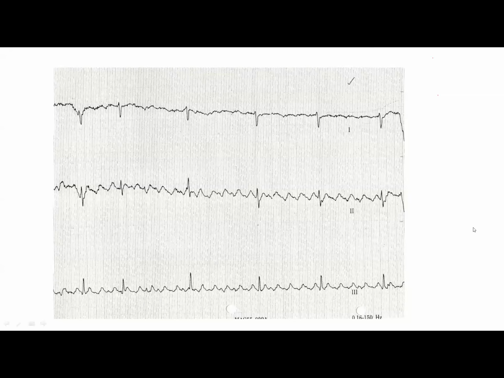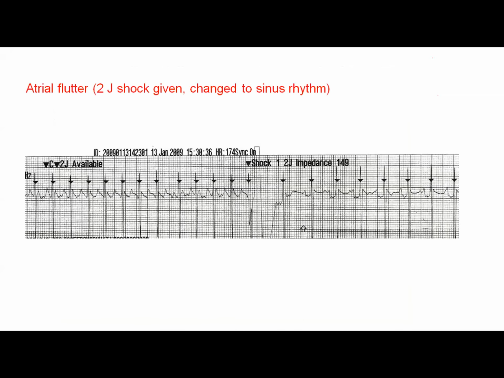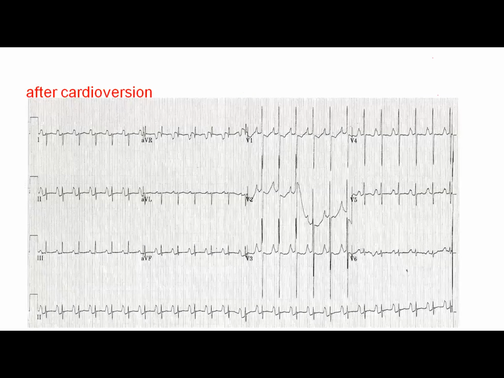So we immediately took the child to the cath lab and gave a shock. We gave a 2 joule shock, after which the rhythm reverted to sinus. In the next strip, we can clearly see it has reverted to proper sinus rhythm after cardioversion.